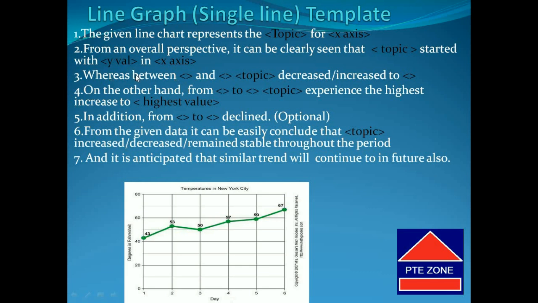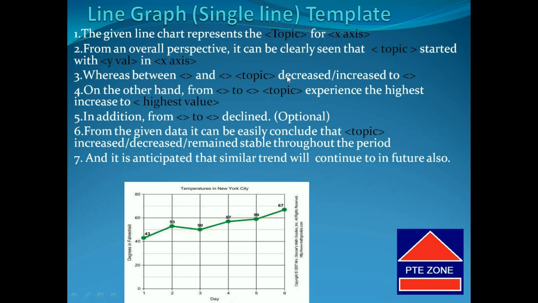Then, in between, if I see this section where the value has decreased, I can say that between day 2 and day 3 the temperature decreased. Similarly, there are a lot of increases, so I can just choose any one of them. For example, I'll say between day 5 and day 6 the value increased. So this is how I've made my template.